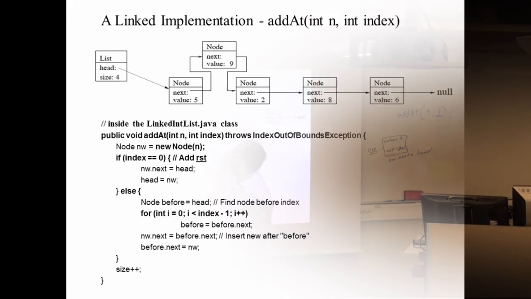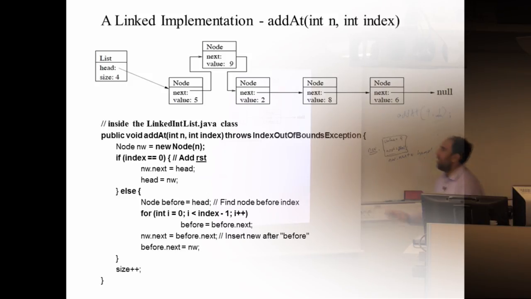And once we have found the element before index 1, we need to point its next to this new node, and the new node's next to what it was pointing to before. So we find the before, and then we assign the values accordingly.